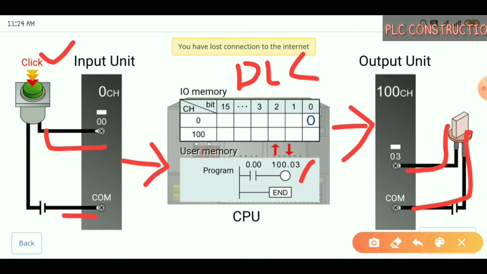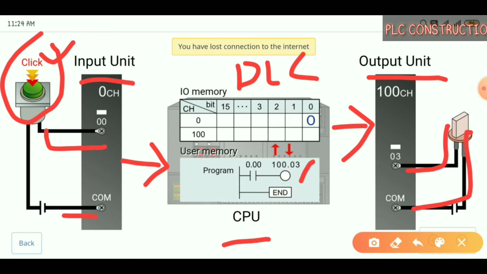So the main important things in a PLC are one input unit, one CPU unit, and one output unit. For input signals there are input devices like push buttons, and for output there are output devices like LED lamps and motors.